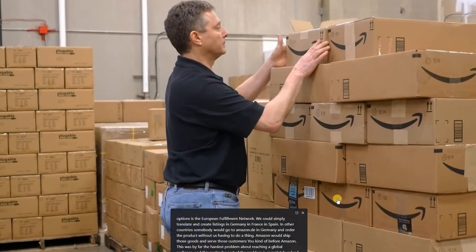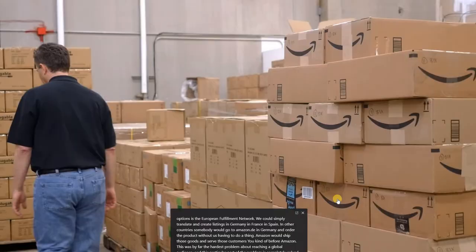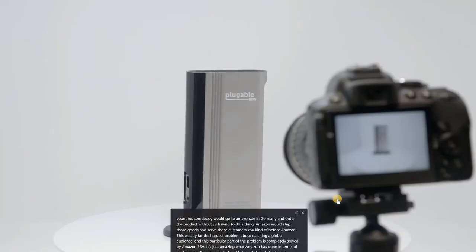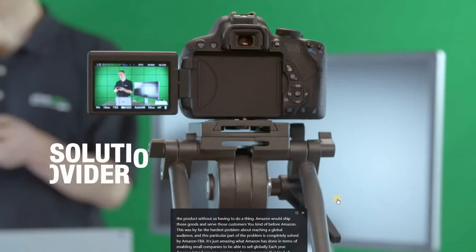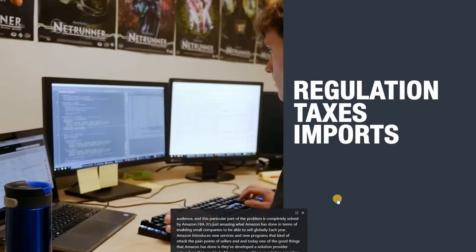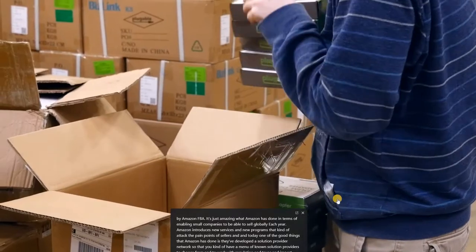It's just amazing what Amazon has done in terms of enabling small companies to be able to sell globally. Each year, Amazon introduces new services and new programs that attack the pain points of sellers. And today, one of the good things that Amazon has done is they've developed a solution provider network so that you have a menu of known solution providers to choose from and to work with, for regulation and taxes and import-export, that give a relatively small team the scale to operate like a large company globally.